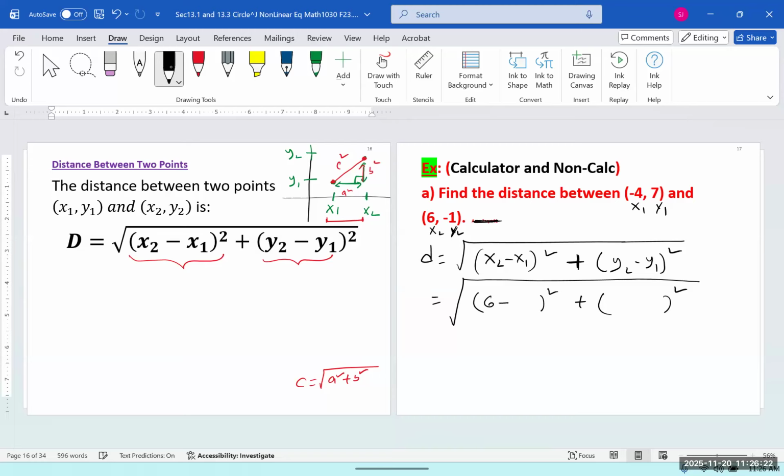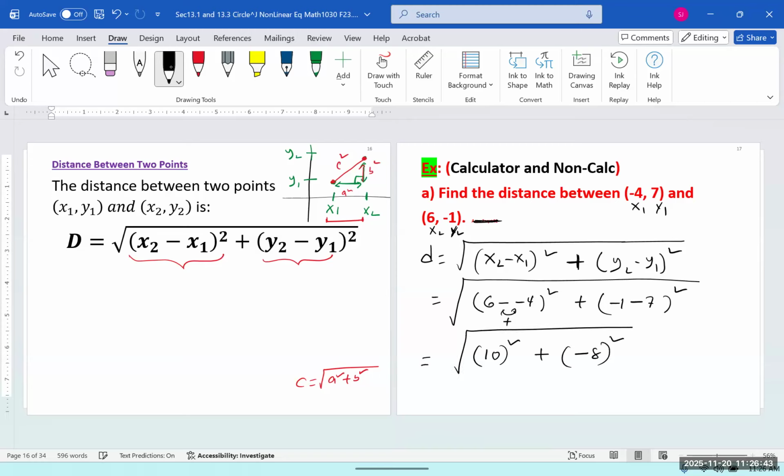6 minus minus 4, which is 6 plus 4. So we get 6 plus 4, 10 squared. Negative 8 squared.